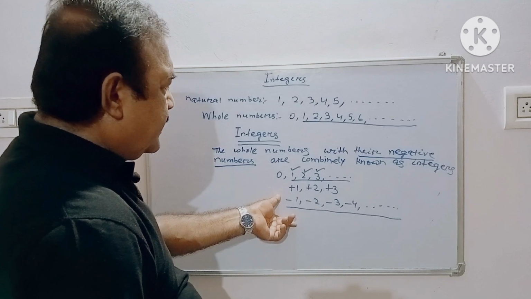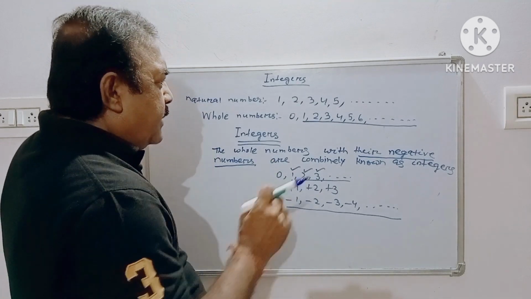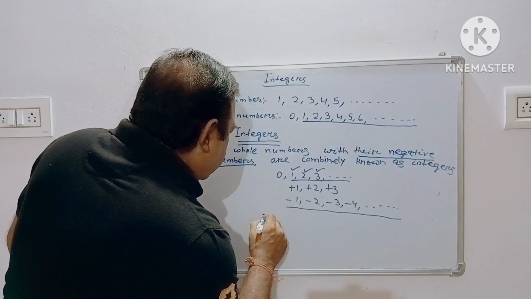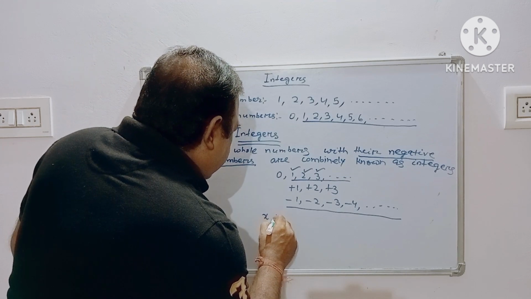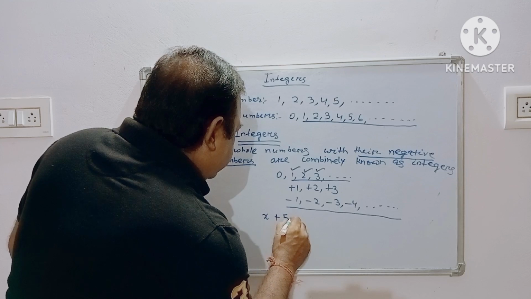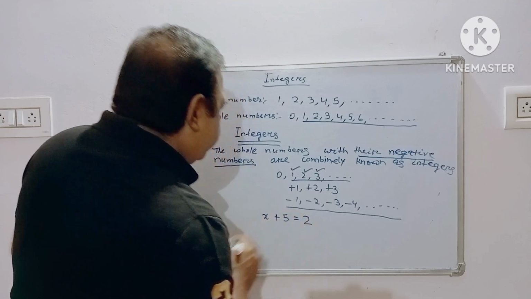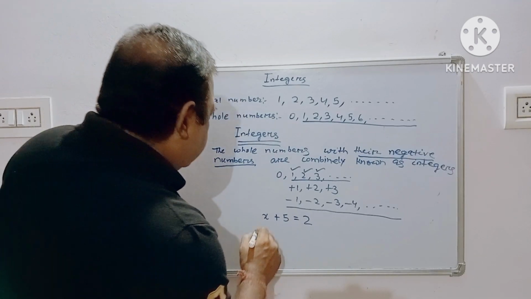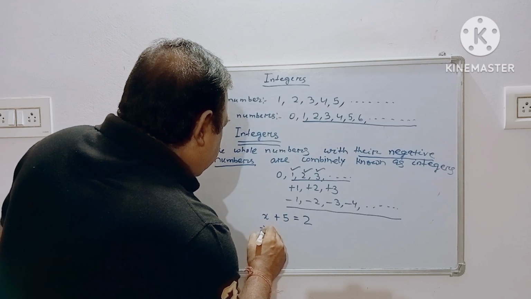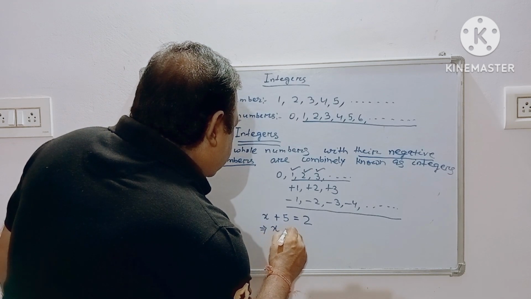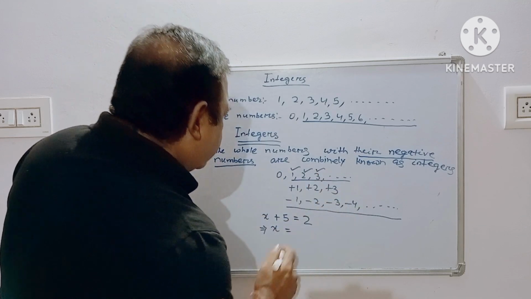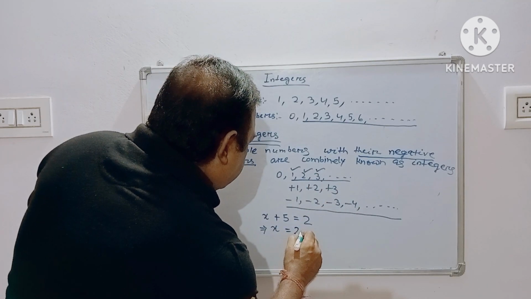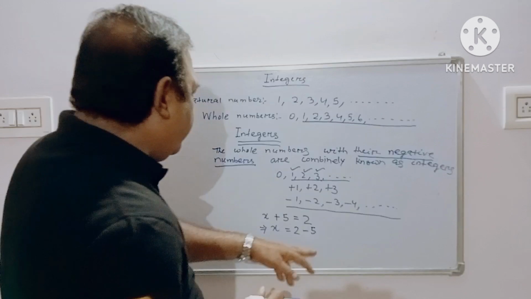Why is it needed? Suppose I am writing an equation. x is the unknown number and x plus 5 is equal to 2. That implies, what is the value of x? You transpose +5 to the right hand side of the equation. That is 2 minus 5. We take away 5 out of 2.